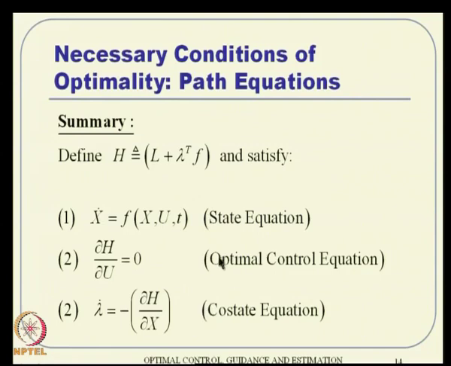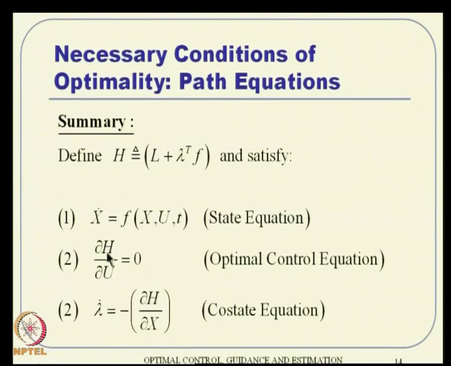So, this is the summary. You have to define the Hamiltonian, which is nothing but L plus lambda transpose f, and then carry out this algebra, where one thing is x dot equal to f of x, u, the state equation, and then del h by del u equal to 0, the optimal control equation. Once you solve this equation at every point of time, u will be a function of x and lambda ultimately, because the Hamiltonian is a function of x, u and lambda.